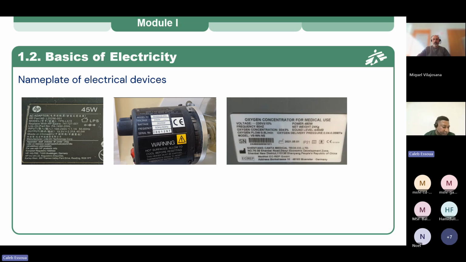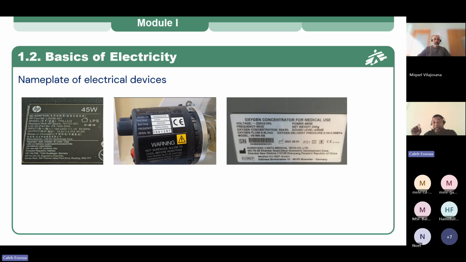The 45, if you see the sign, is DC, 2.31 amps, 45 watts. This is 19.5 volts, the output of this. And many people make a mistake and put this value in the generator sizing.